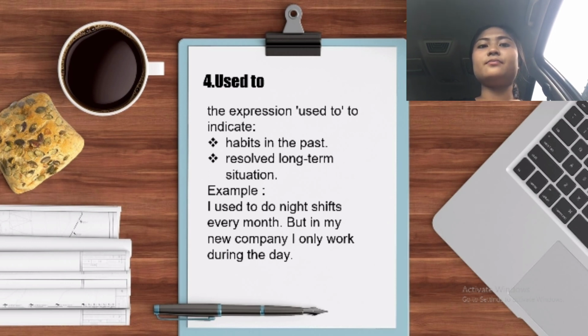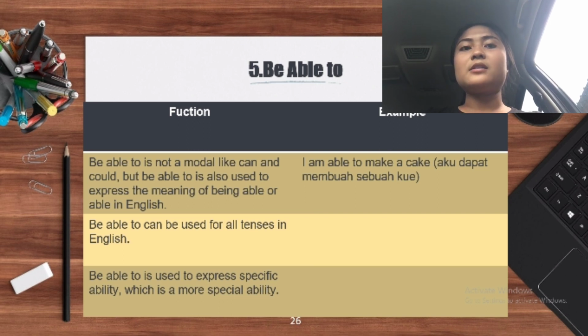Number five is be able to. The function number one: be able to is not a modal like can and could, but able to is also used to express the meaning of being able in English. For example, I'm able to make a cake.